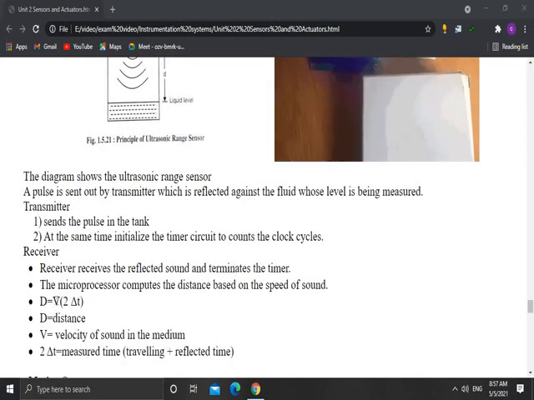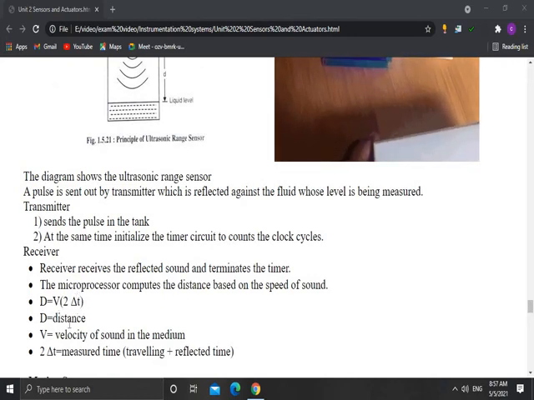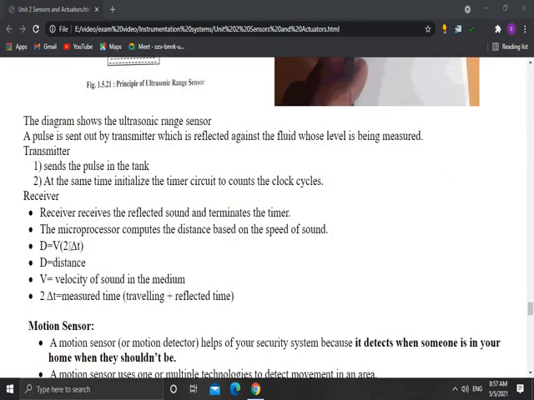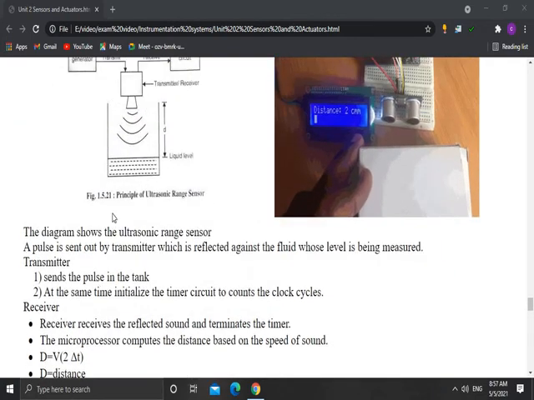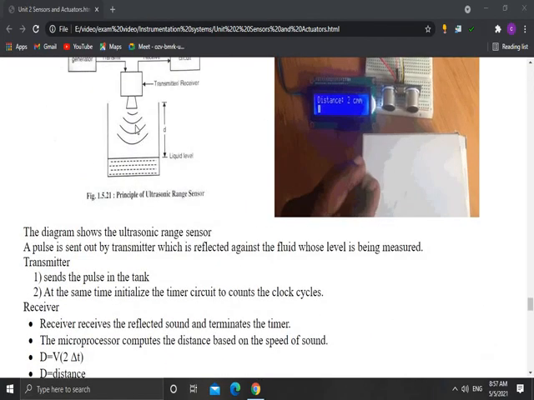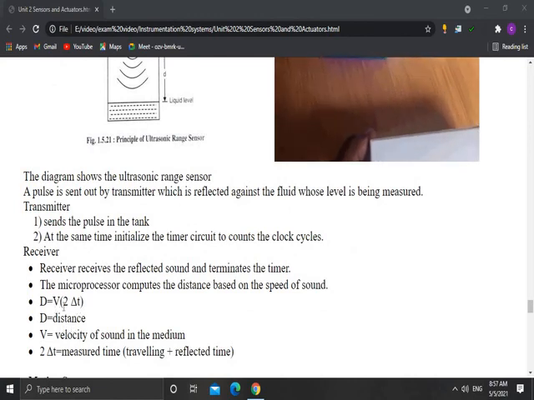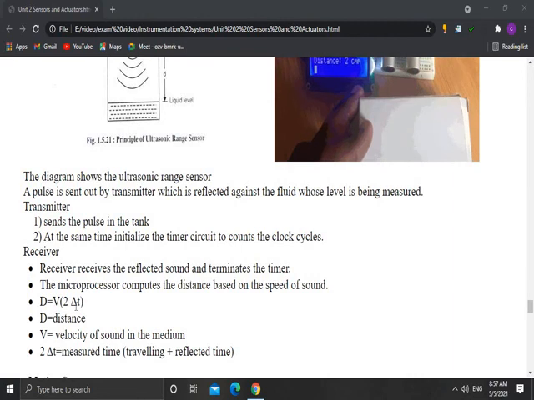Distance is equal to velocity times 2 del t. So d is the distance, and 2 times time means time for travel and time for reflection. That's why 2 times time is taken. So distance equals velocity multiplied by 2 del t.